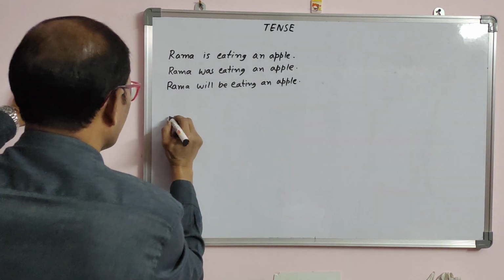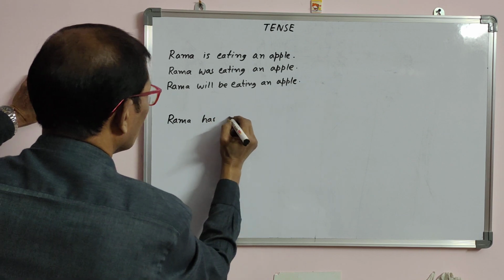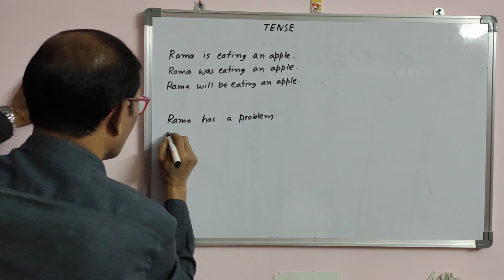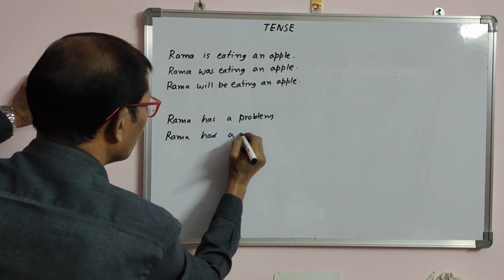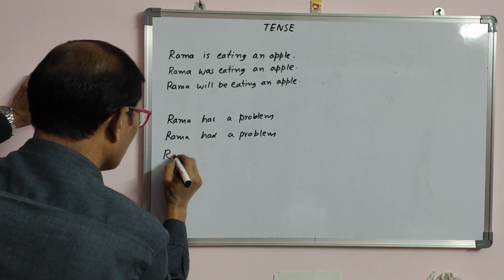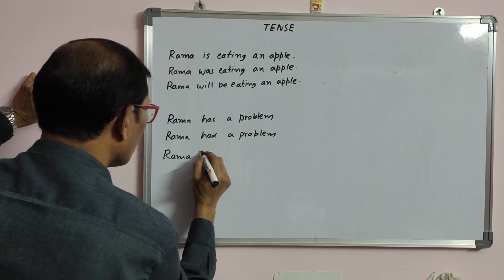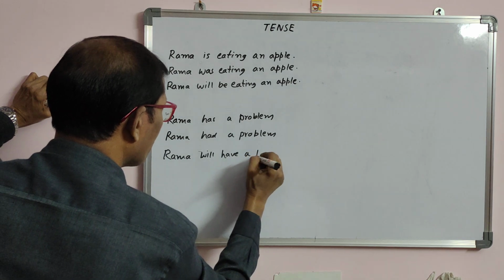Some more examples. Rama has a problem. Rama had a problem. Rama will have a problem.